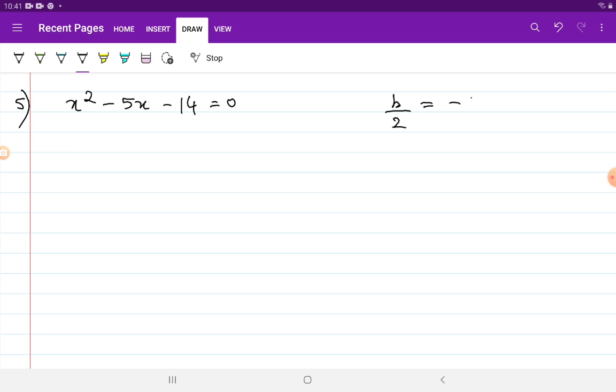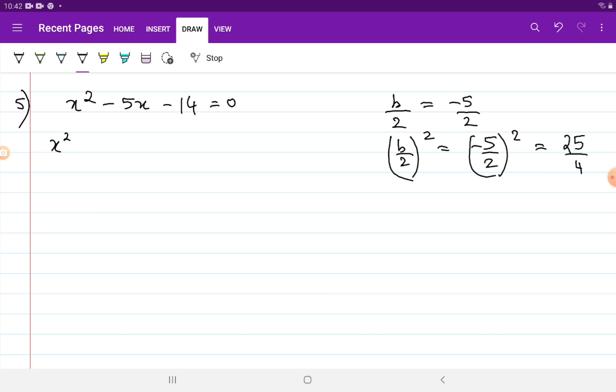So b by 2 will be minus 5 by 2. The magic number is b by 2 whole square, which is minus 5 by 2 whole square, which is 25 by 4. Now this is the number that needs to be added and subtracted to the equation.